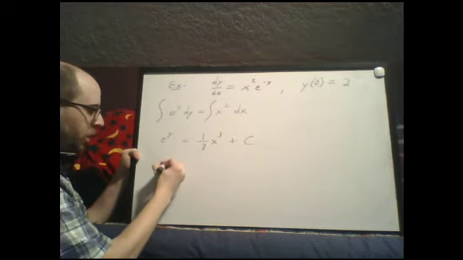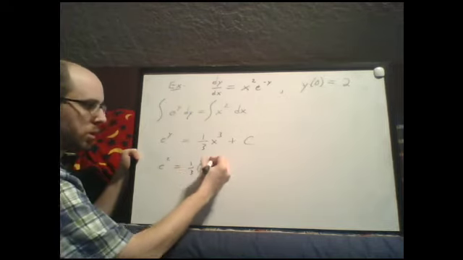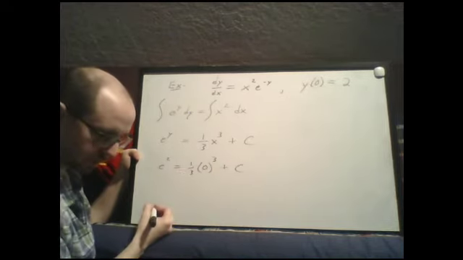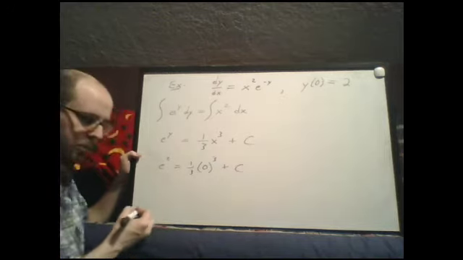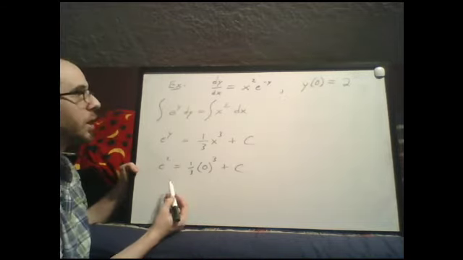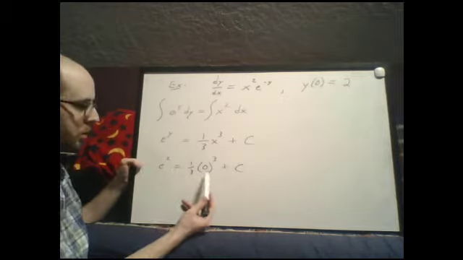So I get the equation e squared equals 1/3 0 cubed plus c. I made a mistake in my notes. That's the issue. So e to the y, with y equals 2 and x equals 0, e squared equals 0 plus c.